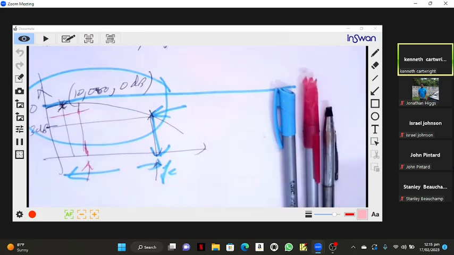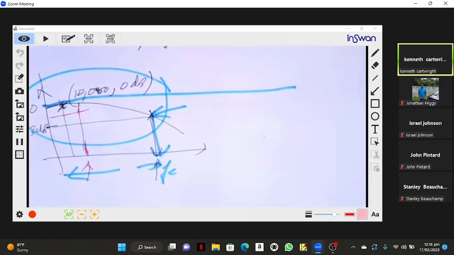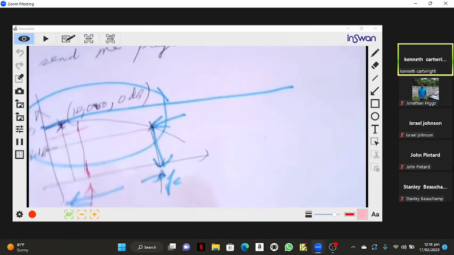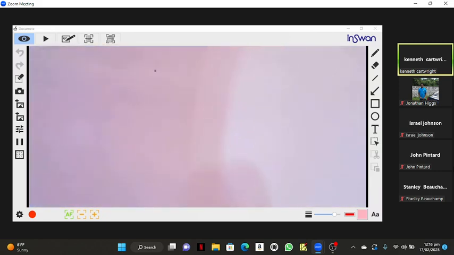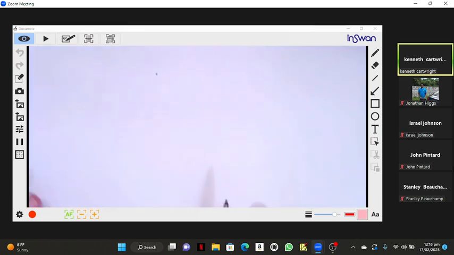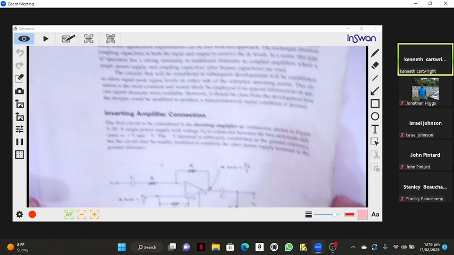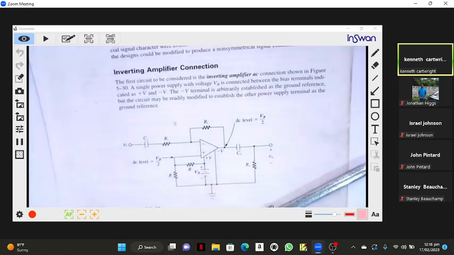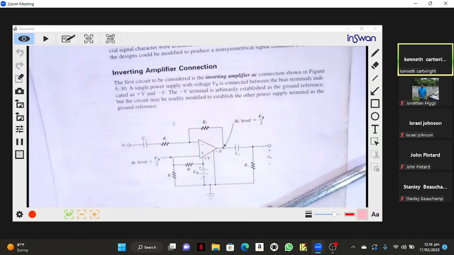All right. Let's get back to what I was asking. What I asked was this. These two capacitors, do you want high reactance or low reactance?